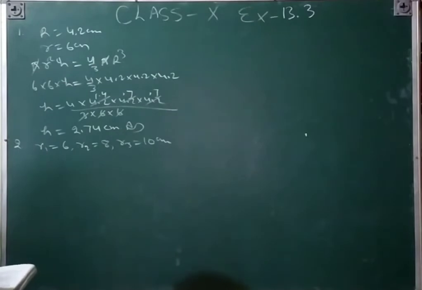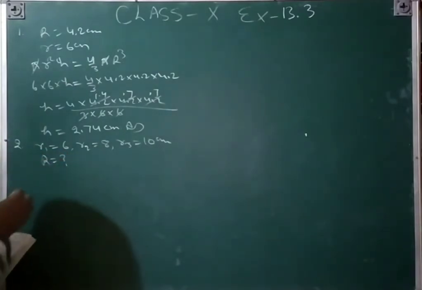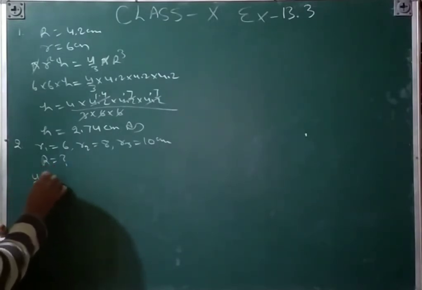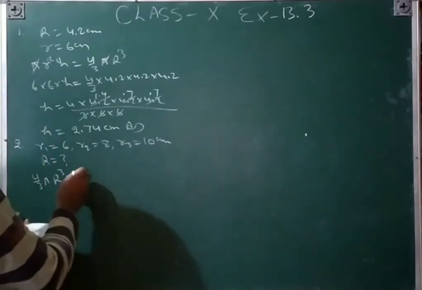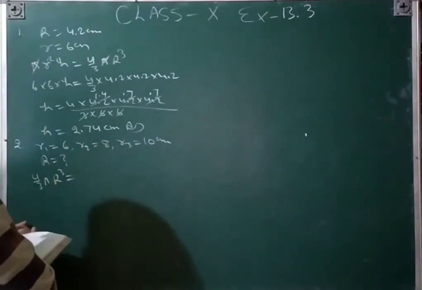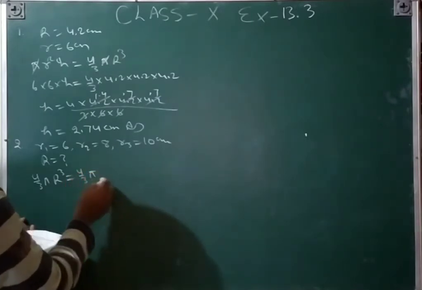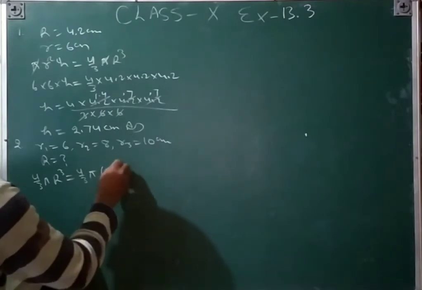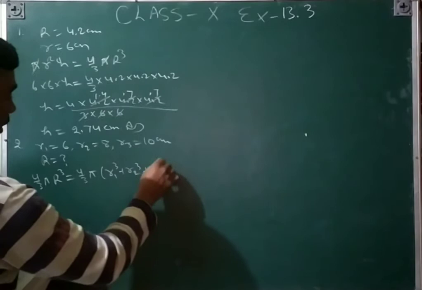So we need to find R. The volume of that sphere, 4 upon 3 pi r cube, is equal to the sum of the volumes of the 3 small spheres, so 4 upon 3 pi into r1 cube plus r2 cube plus r3 cube.